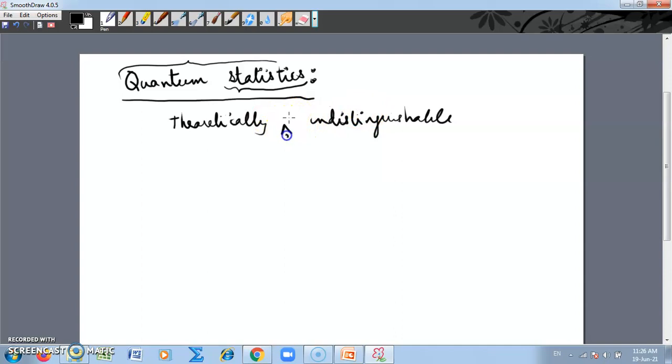I should have written here practically indistinguishable. So it has been found that all particles are distributed into two groups, as fermions and bosons.